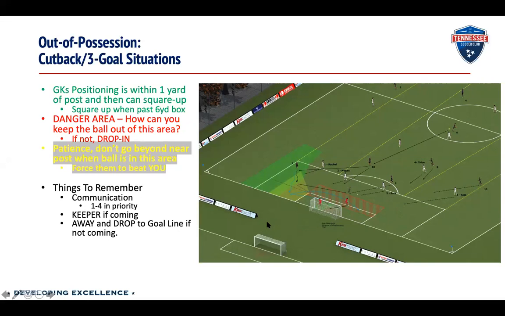Okay. And again, what coach has diagrammed here, these are the kind of saves that turn a game. Okay. If you make these saves, these are game winners, because it's a tough scenario to deal with as a goalkeeper.